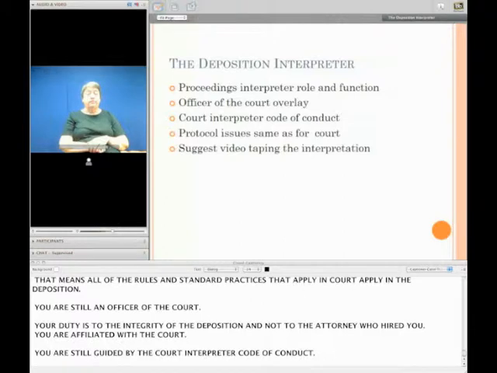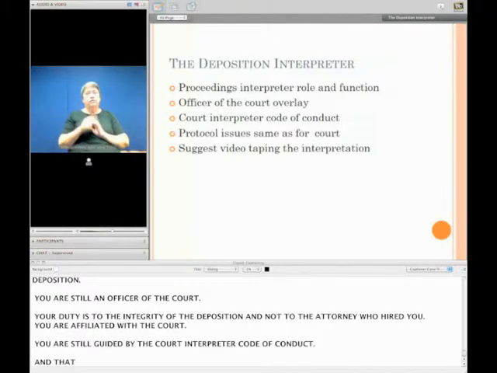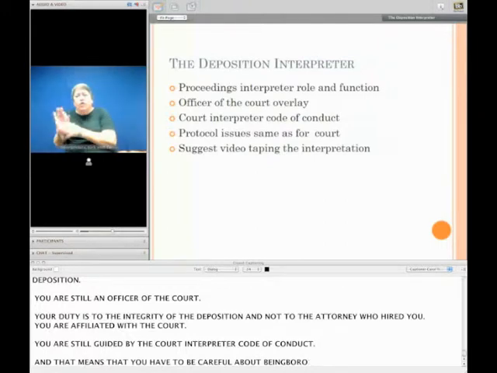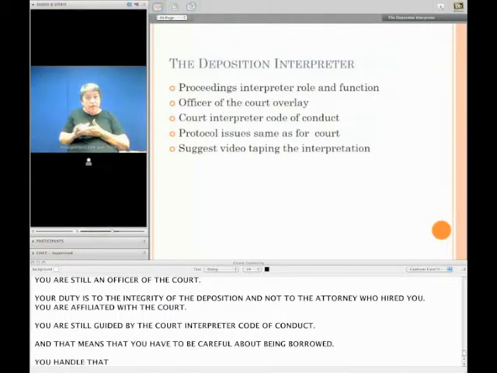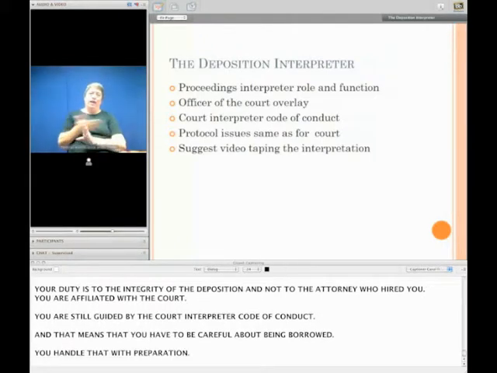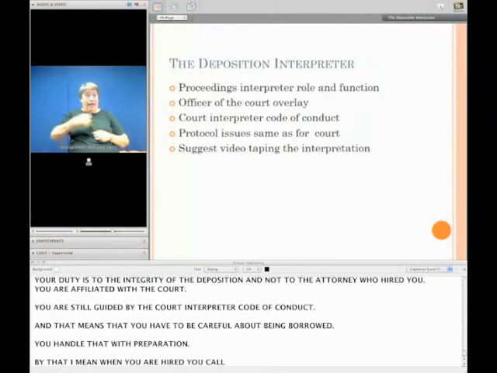And that means you have to be careful about being borrowed to interpret privileged communications. Now, a way to avoid that is to do adequate preparation. By that I mean when you're hired, you call the attorney and you say, how are you going to handle privileged communication?